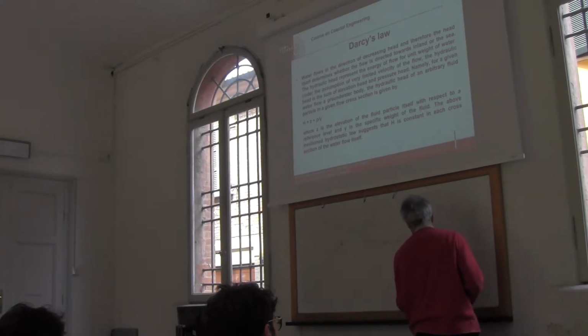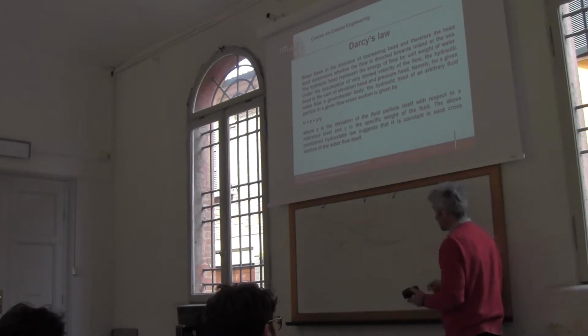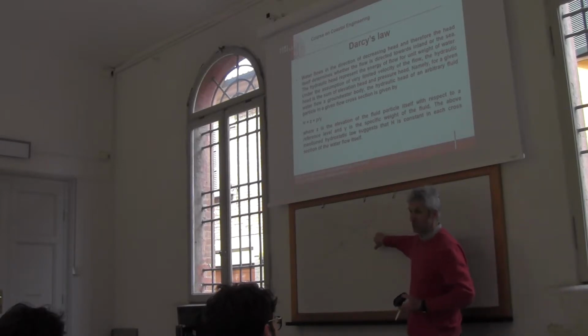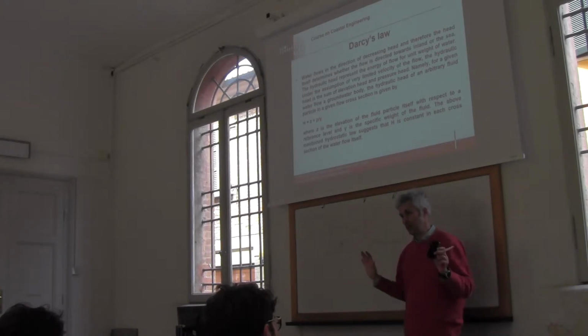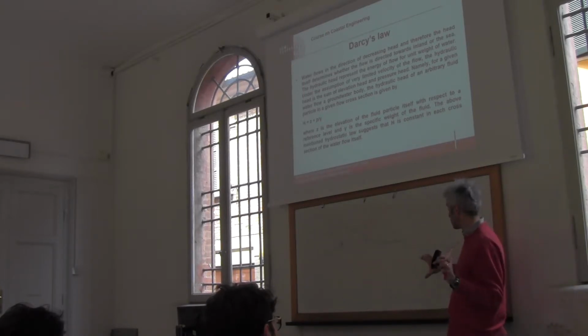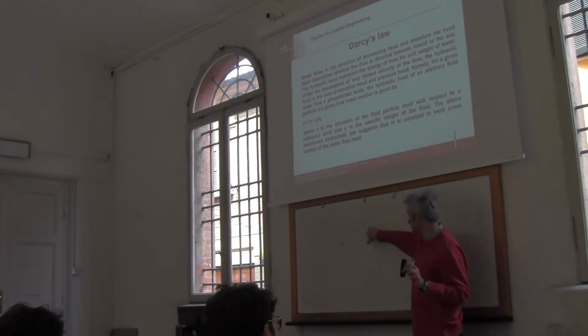P over gamma is equal to minus H, which means that indeed we should express H with the negative sign. And this is just to explain to you that if I measure with respect to here, H is decreasing. It's an altitude that is decreasing because I'm losing elevation, and therefore I should say that H is negative.